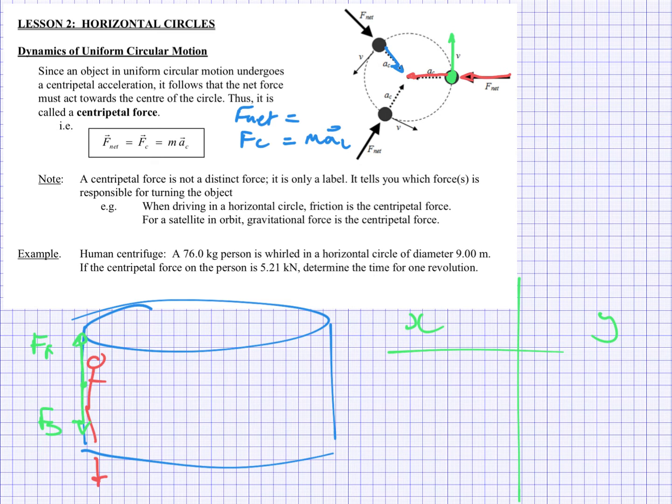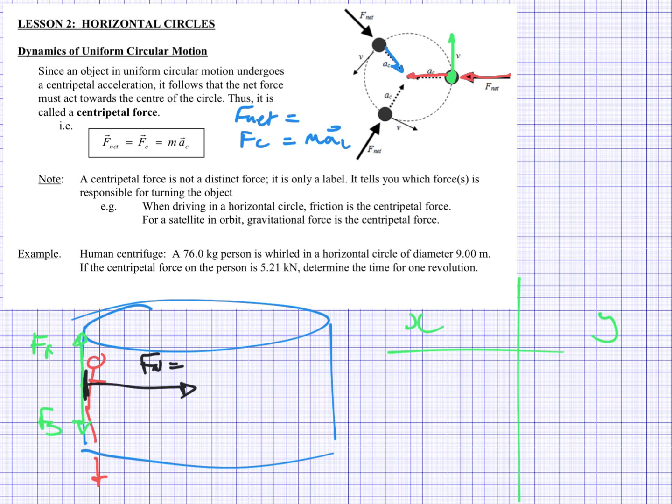Now, the force pushing the person to the center is obviously directed to the center, and that's actually going to be the normal force, okay? That's the surface, the wall, pushing against the back or the body of the person, pushing them to the middle. So that's the force normal.